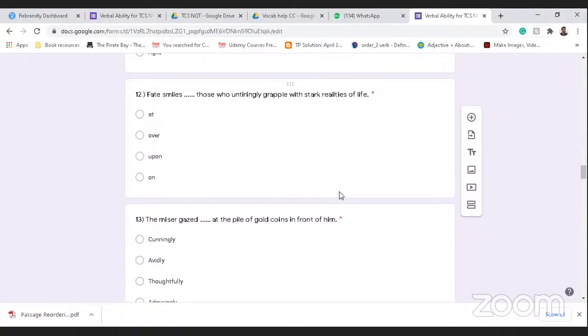Fate smiles, ये example है idioms and phrases का. तो यहाँ पे अभी जो भी preposition, whoever thinks that we can use prepositions, y'all are slightly wrong here. Why? क्योंकि अगर हमने upon डाल दिया, actually according to preposition smiling is an activity, right? तो वो upon आना चाहिए. लेकिन this is an example of a idiom. Fate smiles on. ठीक है, तो आंसर इज ऑन.